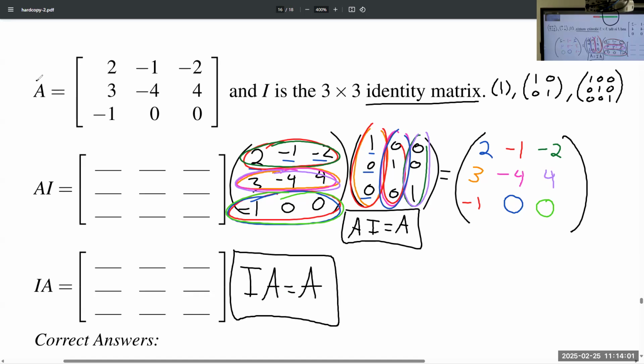The identity matrix acts just like the number 1. I times A equals A. It'll just be A again, whatever your A is. 5 times 1 is 5. 1 times 5 is 5. So order doesn't matter with the number 1.